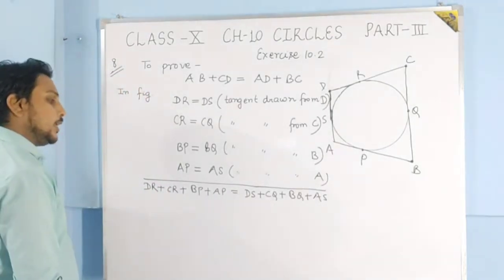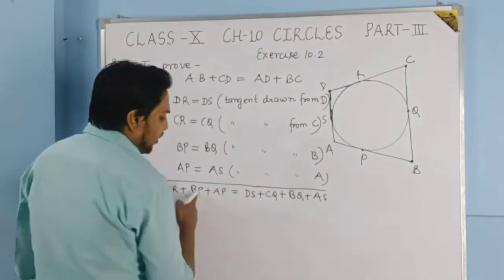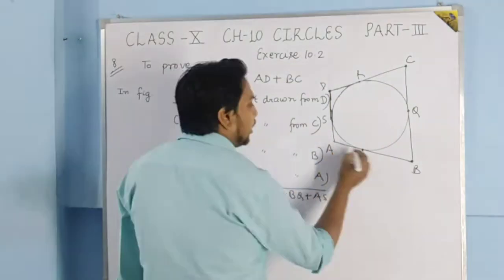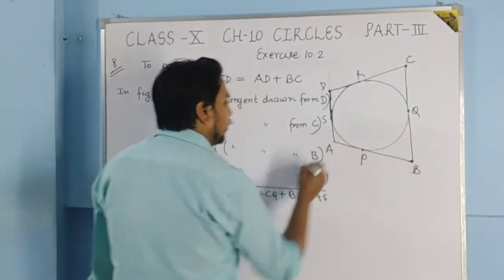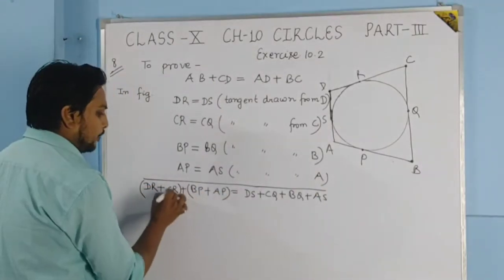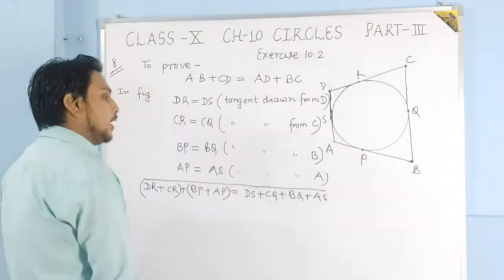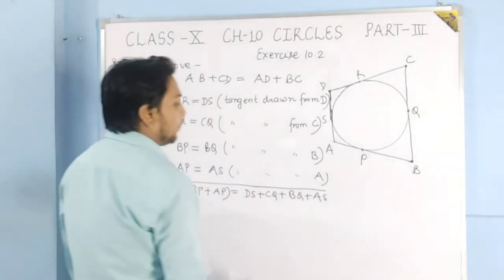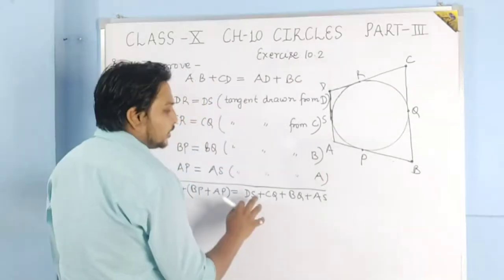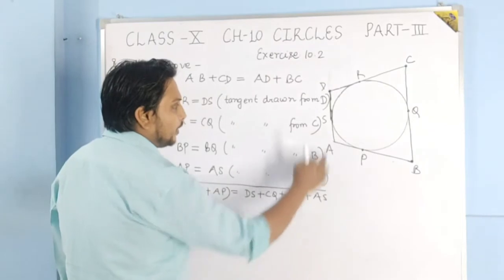Now students, see which two will make a pair to form a line. Like AP and BP, if we add AP plus BP, then what will we get? AB. So we'll write in a bracket so that we get a line segment by adding the pair. Here, DS and AS will make a pair.